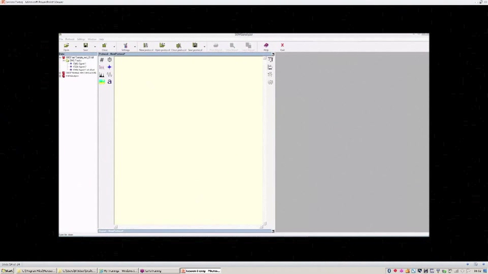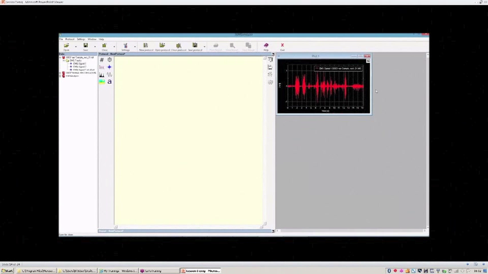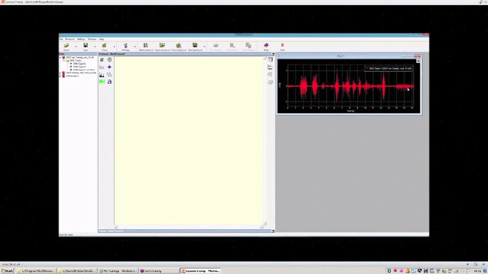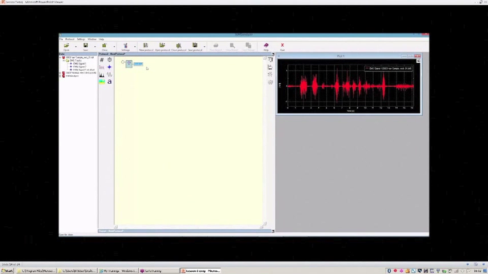So let me start with this example, where imagine that we want to rectify the EMG signal 1 that you can see in the figure. All the algorithms available to process the EMG signals are inside this block. You can see that we have a lot. The one that I'm going to use is the rectify track. So select that.